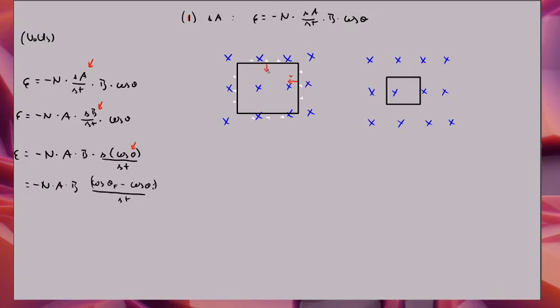This wire would have to move down at some speed v, this wire would have to move to the right at some speed v, and this wire would have to move up at some speed v. And then if every single one of these wires does that, then I will end up with this loop, which is smaller, and now I have the charges that are packed here, charges that are here, charges that are here, and charges that are here.